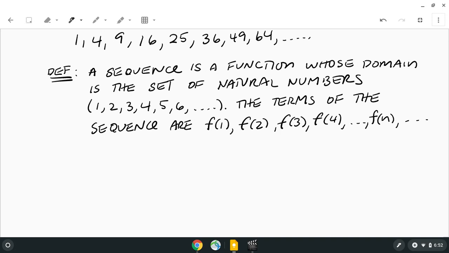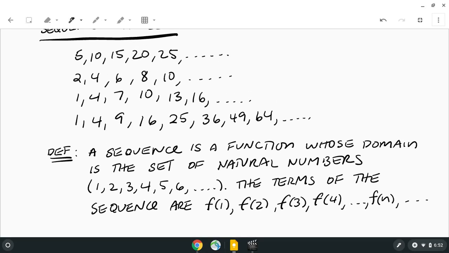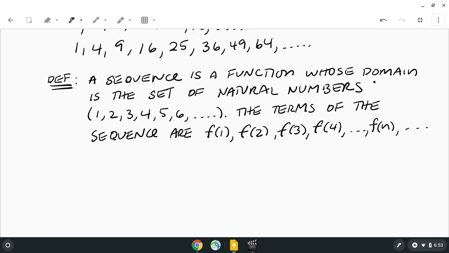But we don't really use the function notation here. If we look at these, we have a list of numbers. In this first set of numbers, the first term is 5, second term 10, third term 15, fourth term 20. Same thing here, first term 2, second term 4, third term 6, fourth term 8, etc. And the same goes for these here. So we have a list of terms, and instead of function notation, we use this notation.